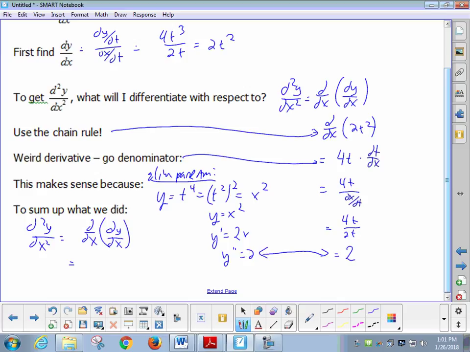Now, when I took the derivative of 2t squared, the first thing I got was 4t. So isn't that really like the derivative of the derivative, but with respect to t?